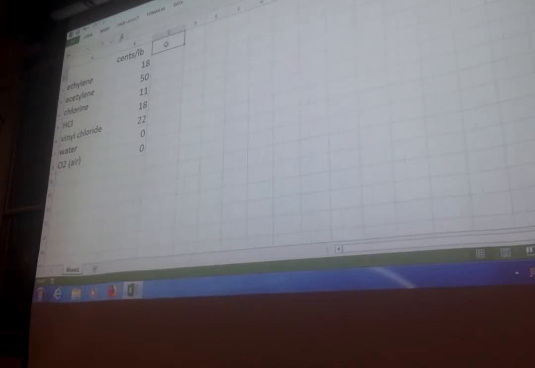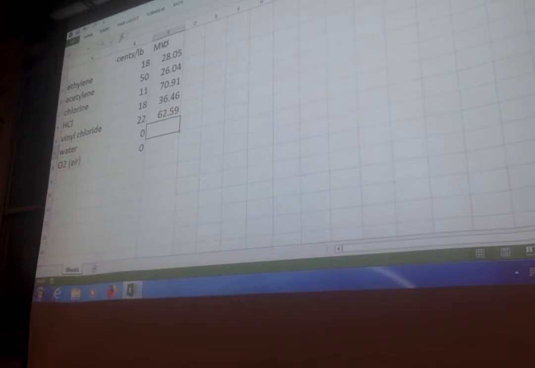So here's the molecular weight of everything: 28.05 for ethylene, 26.04 for acetylene, 70.91 for chlorine, 36.46 for HCl, and 62.59 for vinyl chloride. Obviously, the other two are 0, I don't care.